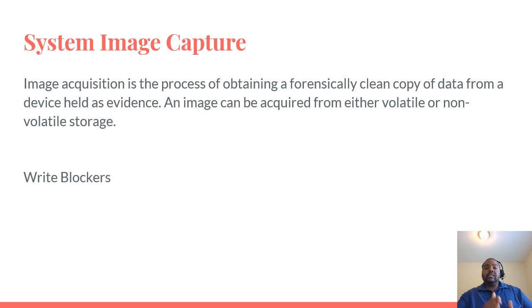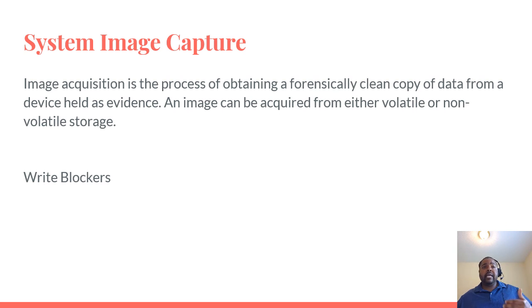What that does is create a bit-for-bit image of what the actual machine is. So you can have a copy sitting on your own machine, and then you can go through and look at the different files that were open and websites that they browsed, without interrupting the original system.